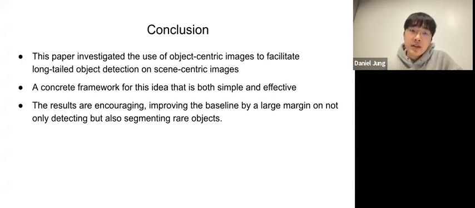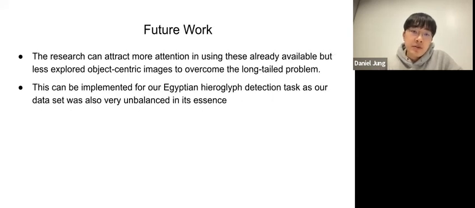Also, it provides a concrete framework for this idea that is both simple and effective. Lastly, the results are very encouraging, improving the baseline by a large margin on not only detecting, but also segmenting rare objects. There could be future work.